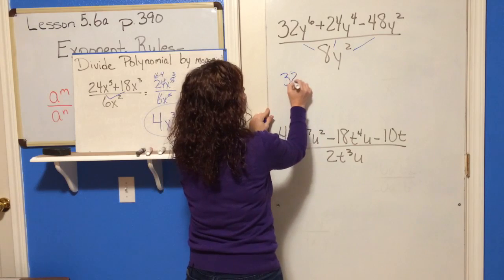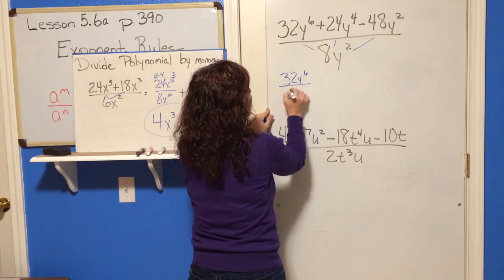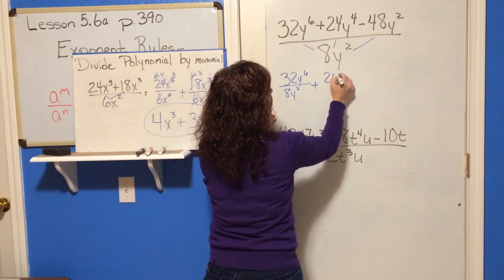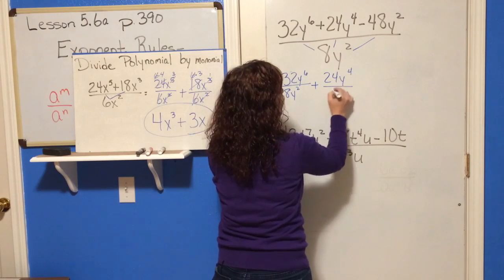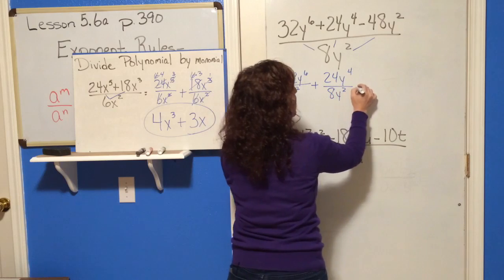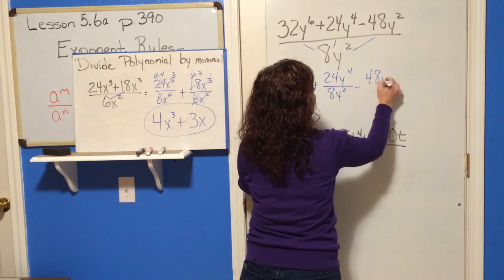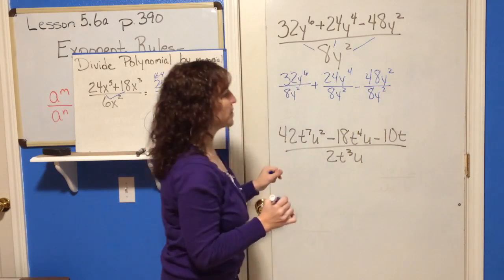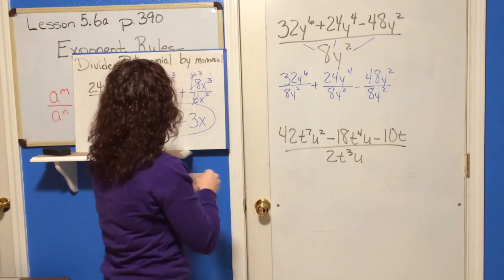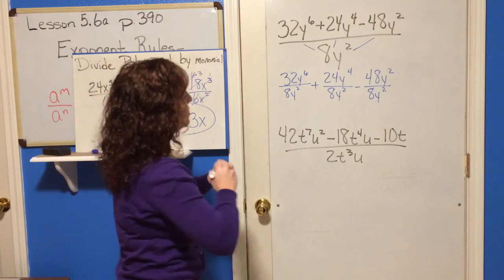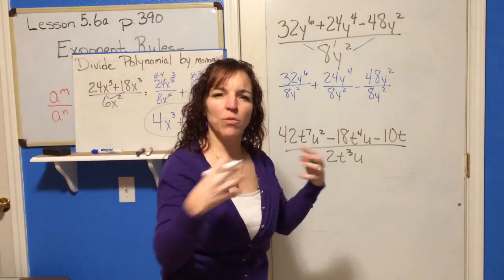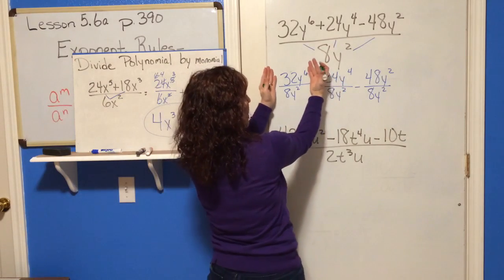So 32y to the 6th over 8y squared plus 24y to the 4th over 8y squared minus 48y squared over 8y squared. All right, next step is just look at one at a time. This looks great big and scary, but now we've divided it up. Just look at one part at a time.